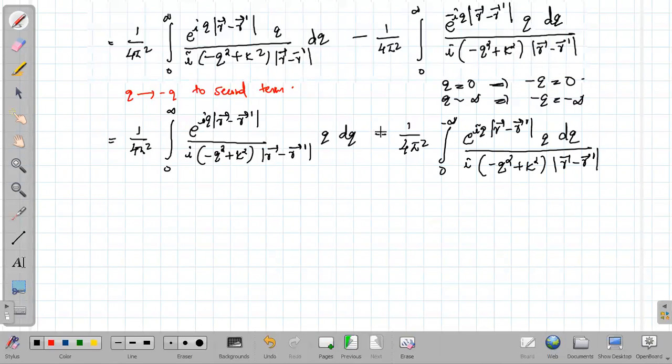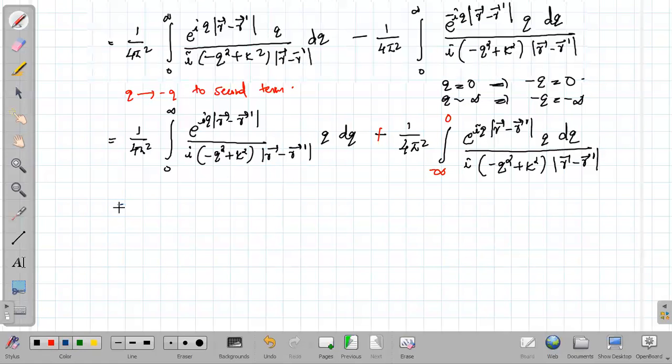Okay, so there is a minus sign in the integration from 0 to minus infinity. So this minus can be converted into plus. Then the limit can be interchanged and written as from minus infinity to 0. Now if you look at these two expressions, the second term is integrating from minus infinity to 0, and the first term is from 0 to infinity. So what is the final result?